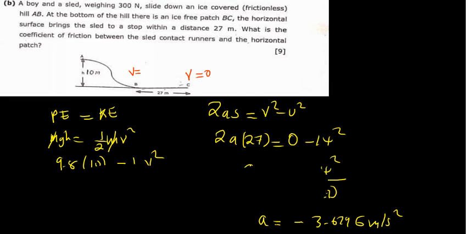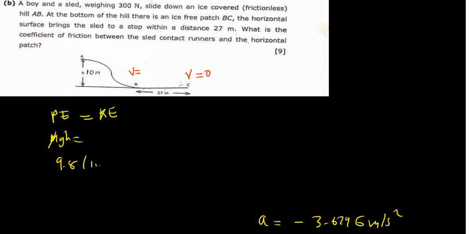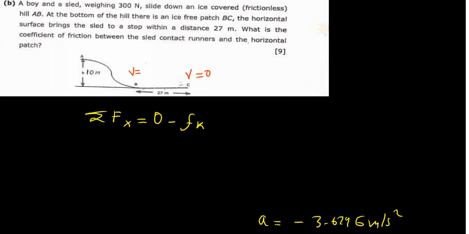Now that we found the acceleration, we want the coefficient of friction. The net force acting on the sled in the x direction, there's no forward force, but there's a friction force that is going to make it stop. The net force is given by mass multiplied by the acceleration. That will be equal to negative friction force given by coefficient of kinetic friction times normal force, and normal force on the level ground is mg.